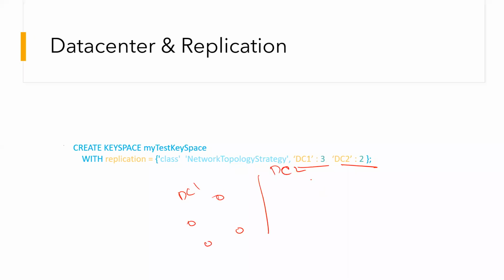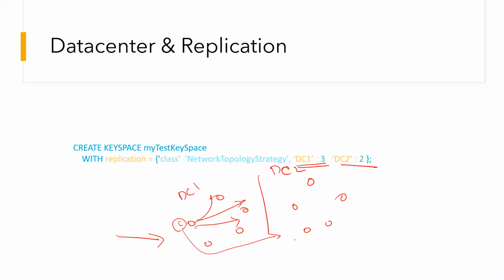Your write request comes in. You are saying DC1 should have 3, which means this is your coordinator node. It writes your request to 3 different nodes, and then this write also goes to the second data center.